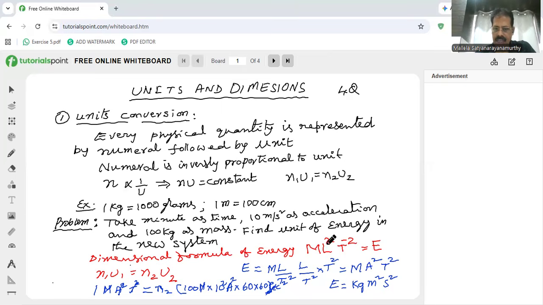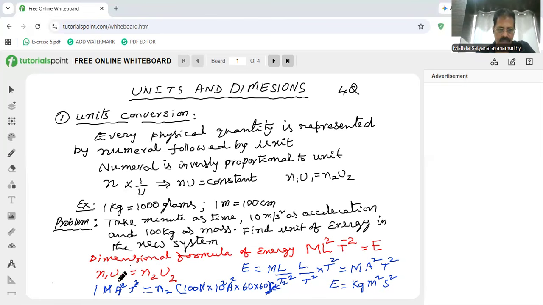Here, in length square, I take one length by time square and one length aside. To make the length as acceleration, I multiply and divide with time square. Then what I get is mass into length by time square, which is acceleration square into t square. Now the energy dimensional formula in terms of acceleration, time and mass is M a^2 t^2.